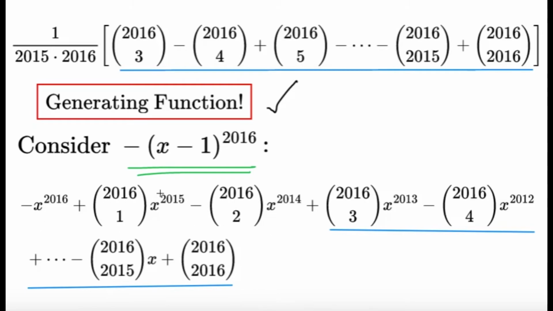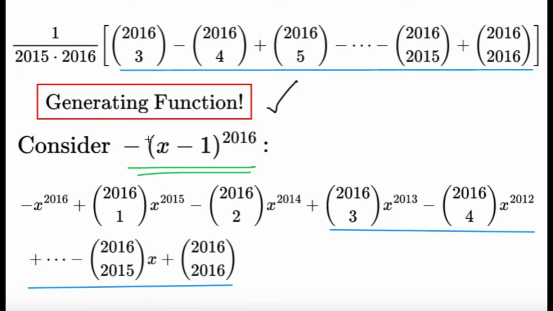It's technically negative of x raised to 2016, the first term, and then 2016 choose 0 times x raised to 2016, but 2016 choose 0 is just 1 anyway, so I just made it x raised to 2016, and you see that this is going to be the expansion of at least this expression, negative of x minus 1 raised to 2016.